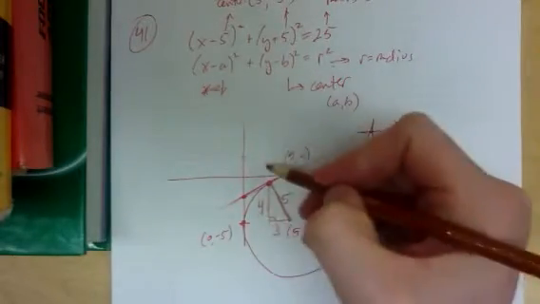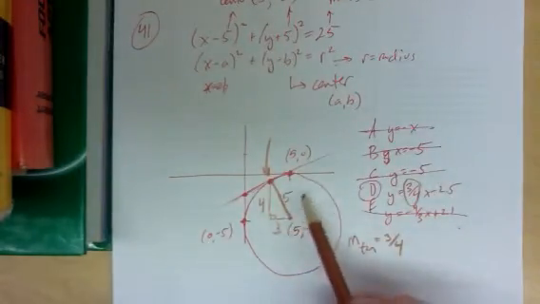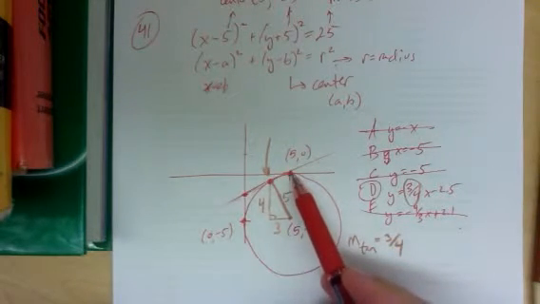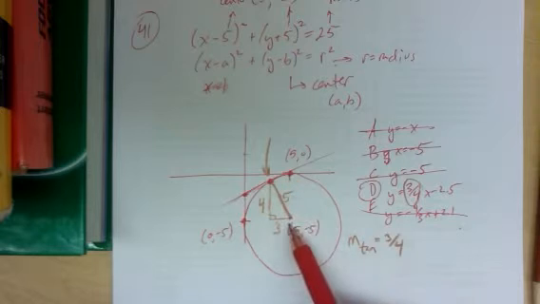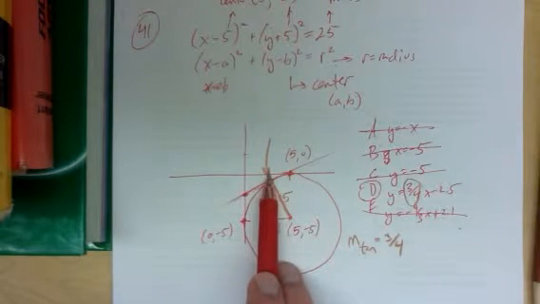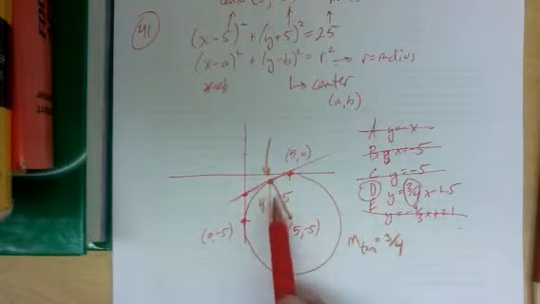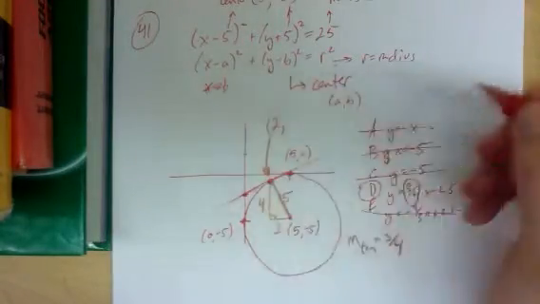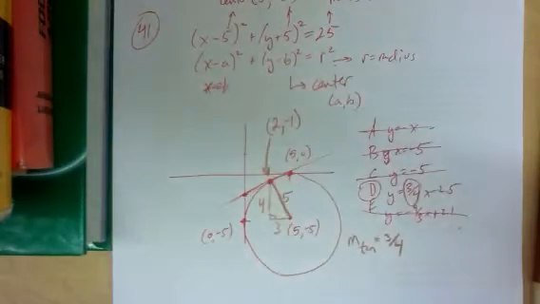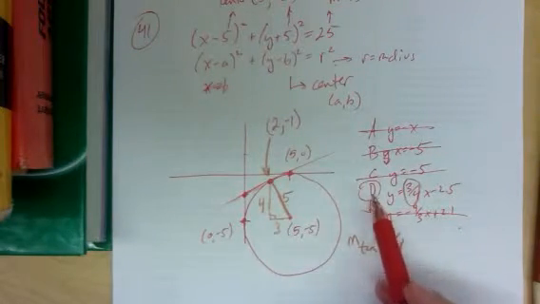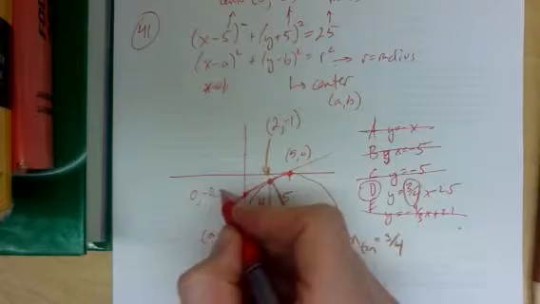Well, this point would have to be relative to the center of the circle, which is (5, -5). So we're actually going over only 2, and then up 4 from there. So this point is going to be (2, -1). This point on this line D is (0, -2.5).